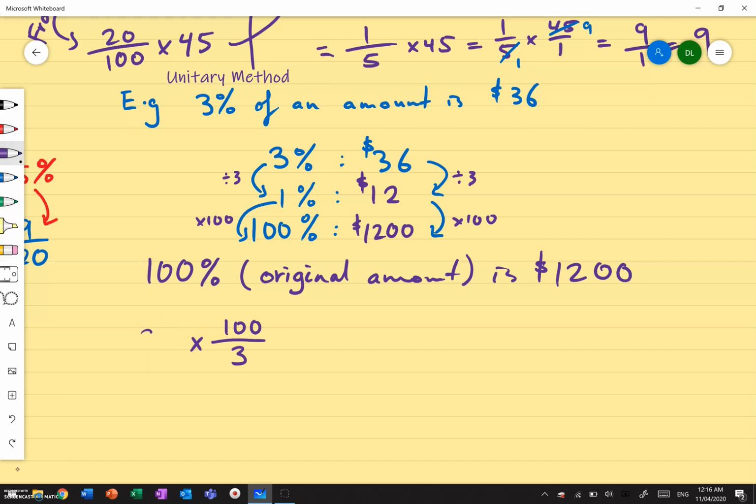Instead of 3, I write 36, and that would give me the same answer. So 36 over 1, times by 100 over 3. I cross cancel, divide both sides by 3, so that's 1. That becomes 12. And I end up with 12 times 100 over 1, which is the same as 1,200.